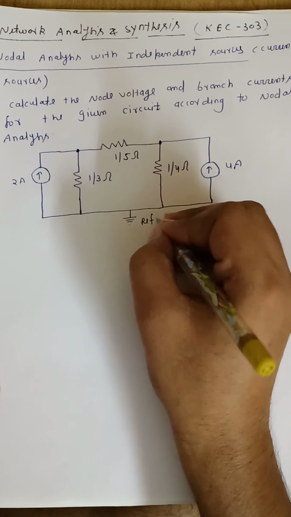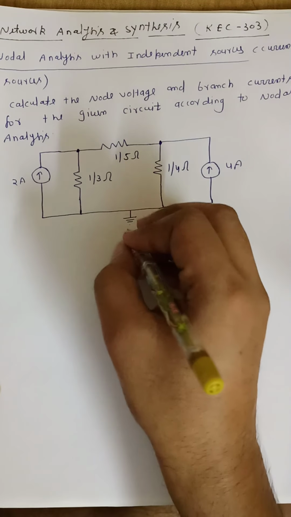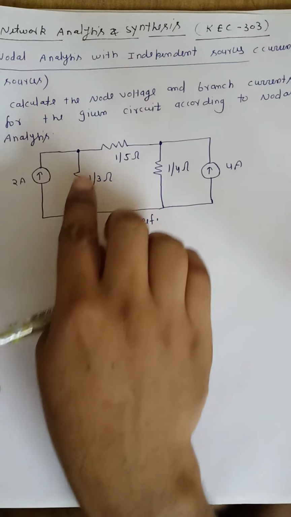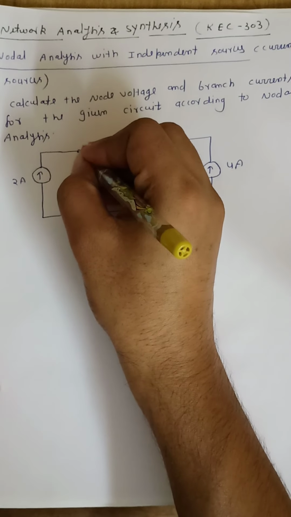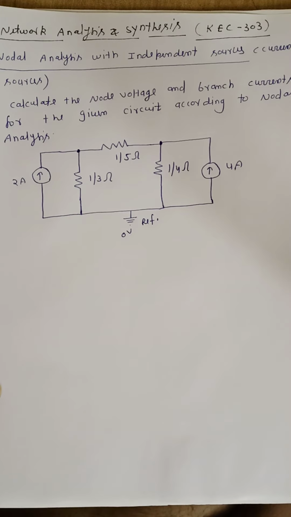This is my reference node, and for the reference node we have zero potential. This is my first non-reference node, and this is my second non-reference node.